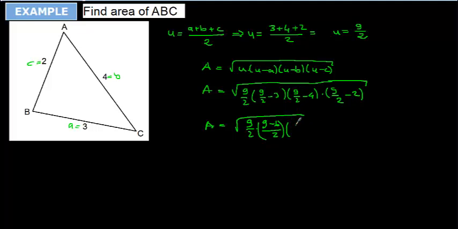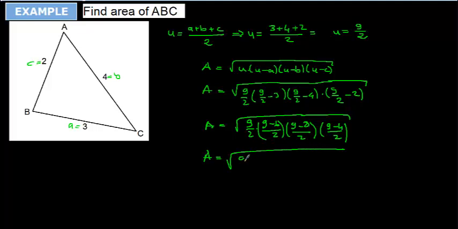Here 9 minus 2 times 4 minus 8 over 2, and here 9 minus 4 over 2 is going to be, and area is equal to 9 over 2 times 9 minus 6, 3 over 2 times 1 over 2 times 5 over 2 is going to be.